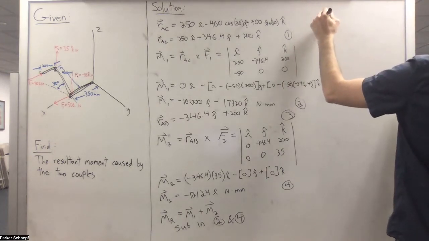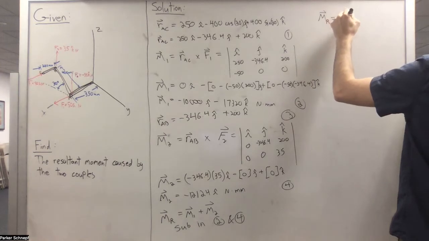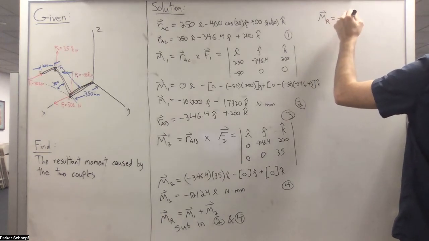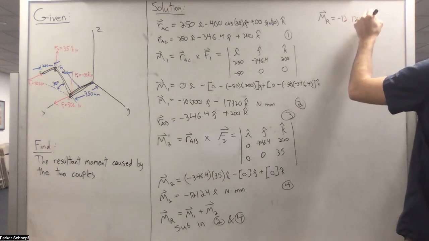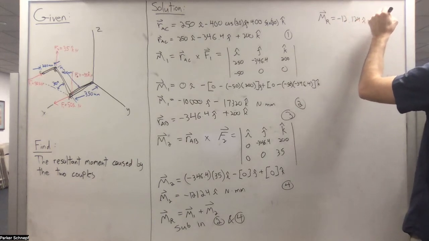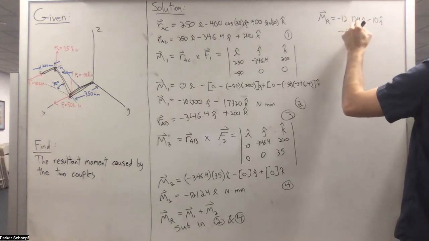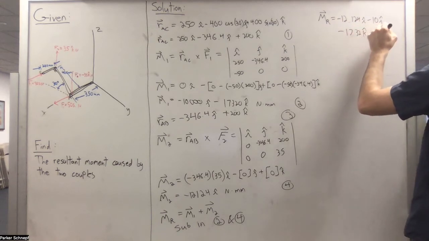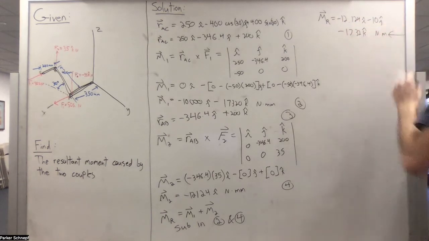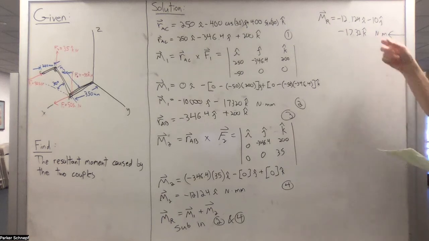The resultant moment is negative 12.124 i minus 10 j minus 17.32 k in newton meters. I just went ahead and converted to meters, so we didn't have quite as many digits. And so that's the answer.